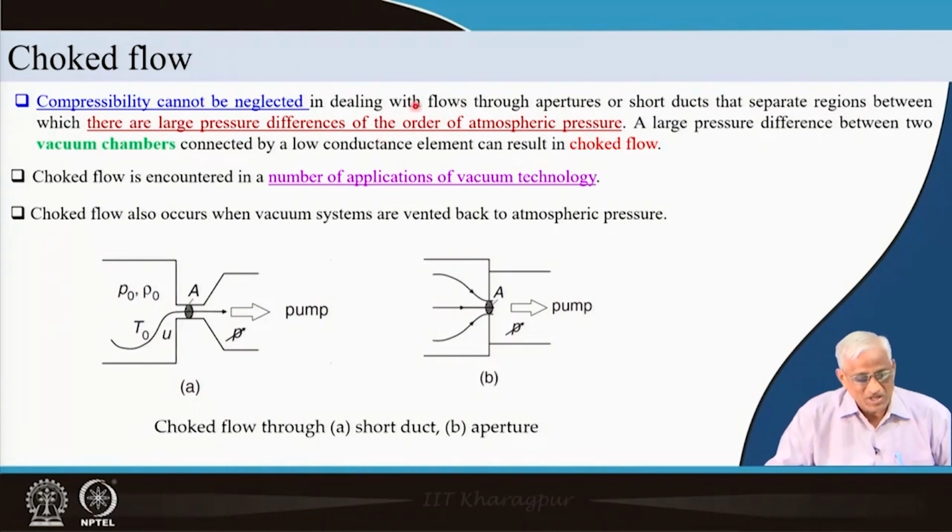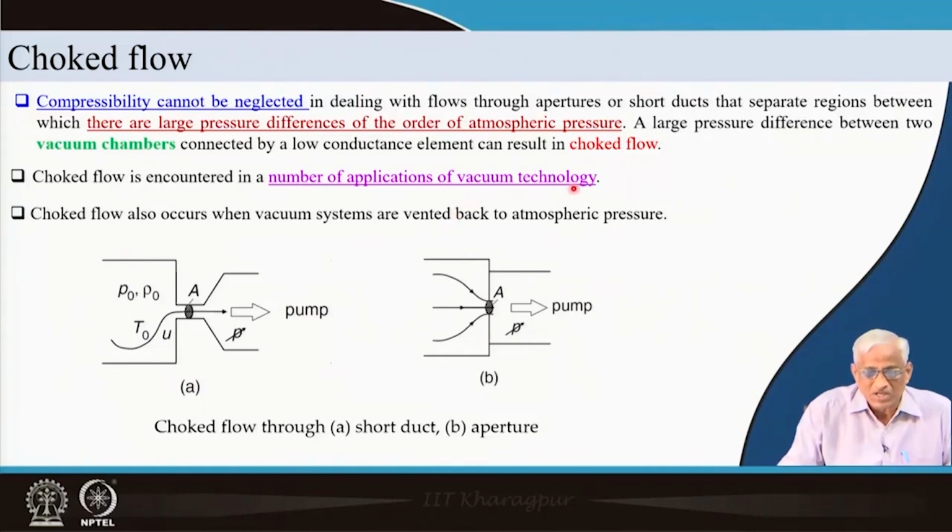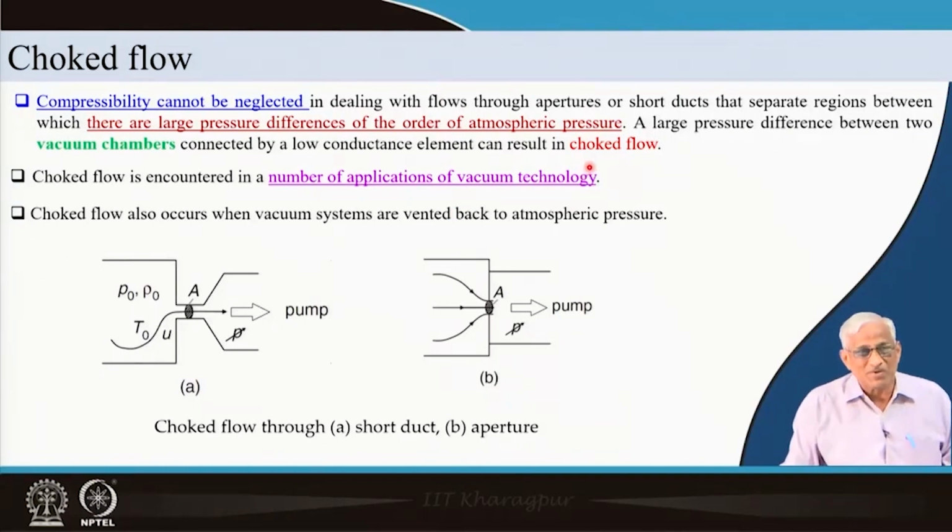Such choked flow is often encountered, and in various applications of vacuum technology we get into these situations, sometimes intentionally. For example, when you are venting a chamber, suddenly rushing atmospheric air inside, that is this situation here.